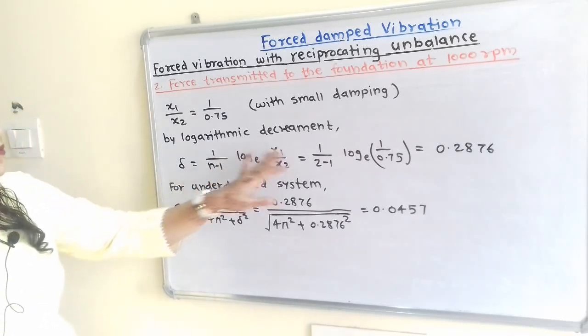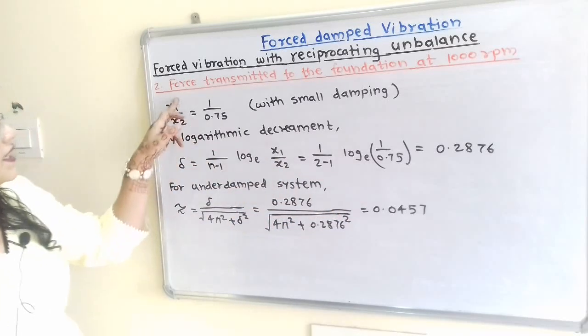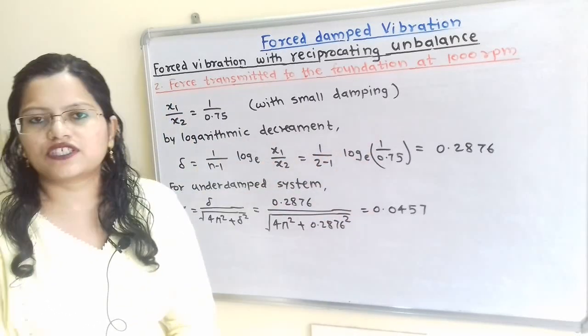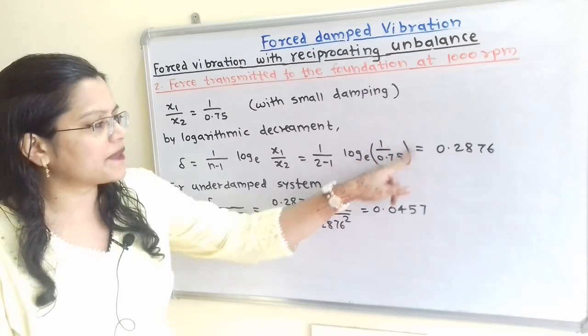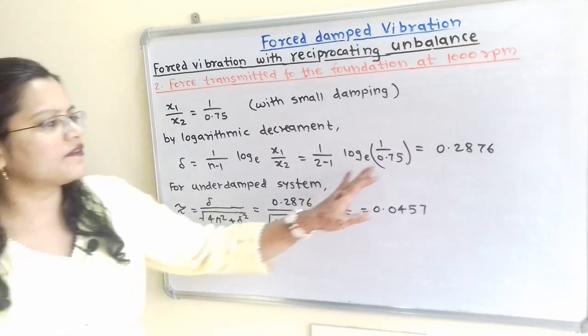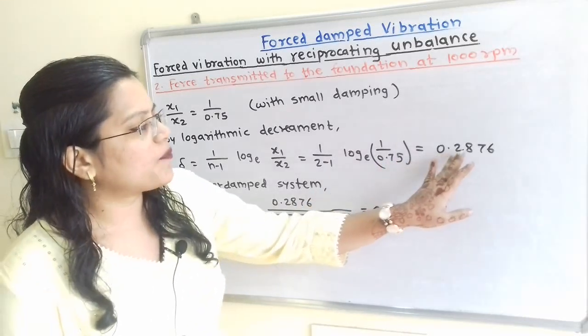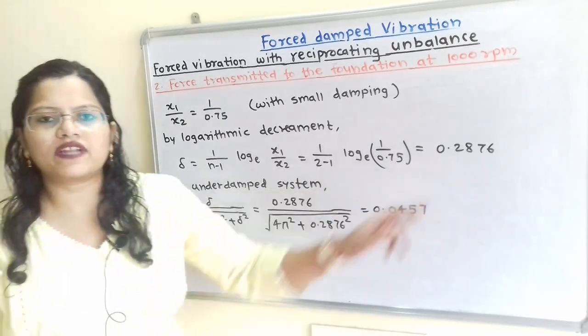So when we put the values, 1 divided by 2 minus 1, log to the base e of 1 by 0.75, with the help of a calculator we will get the answer 0.2876. So this is the value of delta.